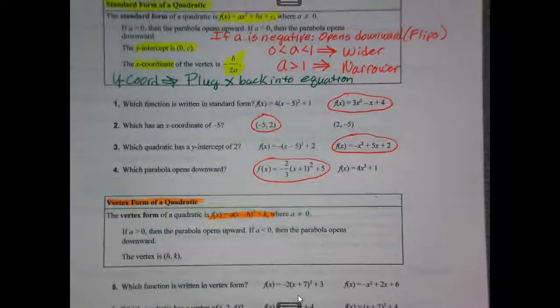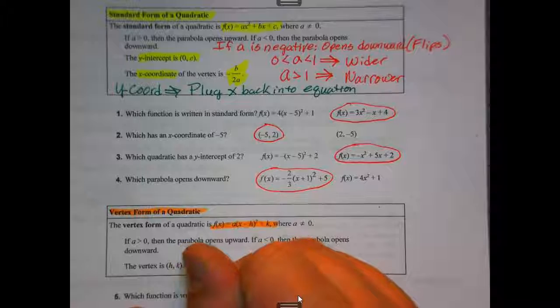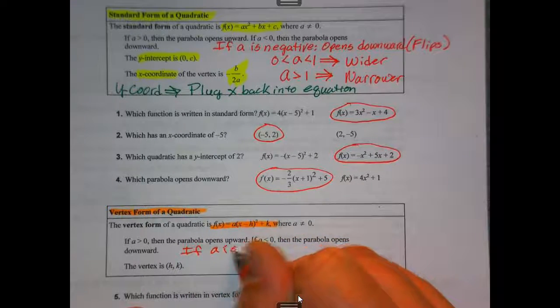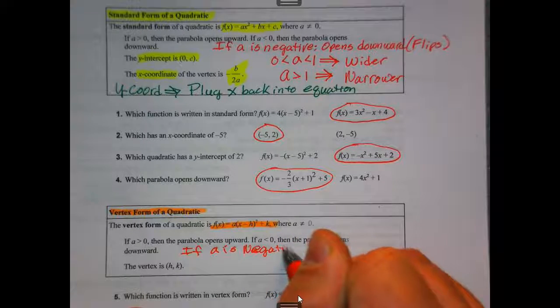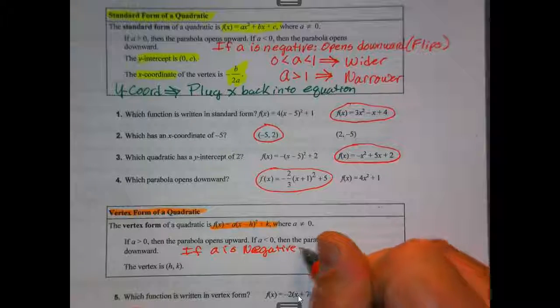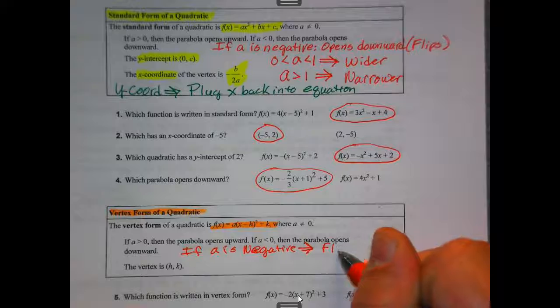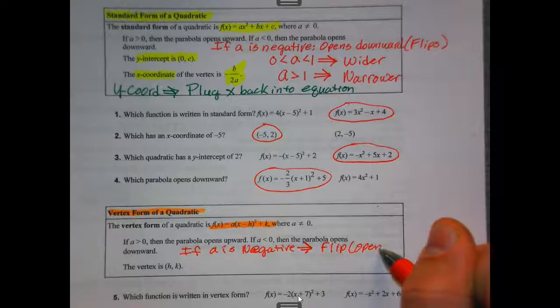Okay, the a can do everything that it did up in standard form, right? If a is negative, it's going to flip my graph or open downwards.